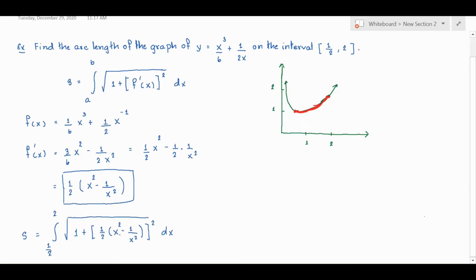Alright, so this is a pretty complicated functional expression to take an integral of.